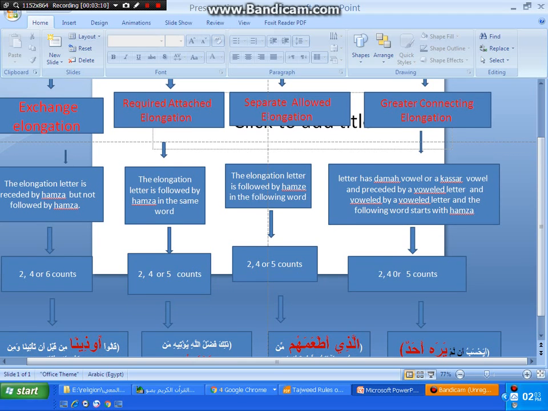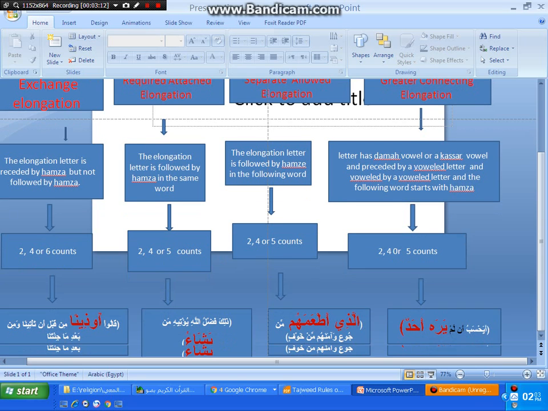For example, أعوذ بالله من الشيطان الرجيم الذي أطعمهم من جوع وآمنهم من خوف. If you look at the word الذي, which ends with ya, a lengthening letter followed by Hamzah in the word أطعمهم, so we can prolong it 2 or 4 or 5 harakas.